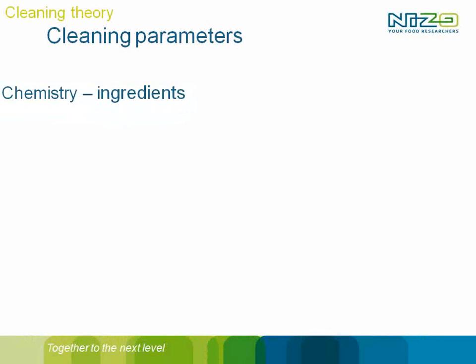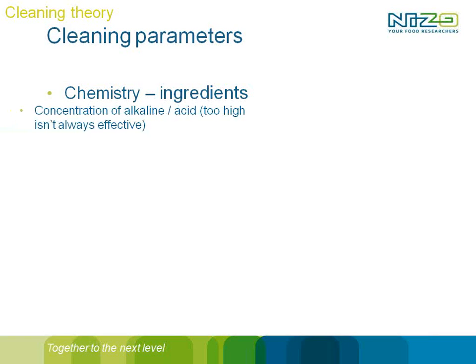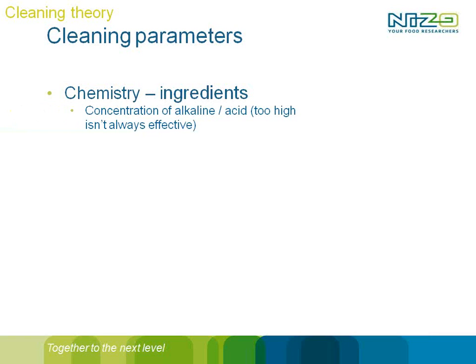So to start with the chemistry, we have various ingredients that can be used for a CIP, cleaning in place. First of all, it's very important to see what the concentration is. It's very important not to increase that concentration too high, because of course it costs more money, since double the concentration means double the cost of chemicals, but also the effectiveness isn't always increasing as much as you would expect.